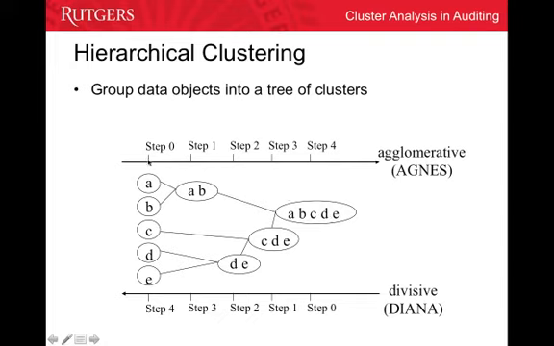At the bottom of the tree, every point forms a cluster, while at the top of the tree, all the points are in one cluster.